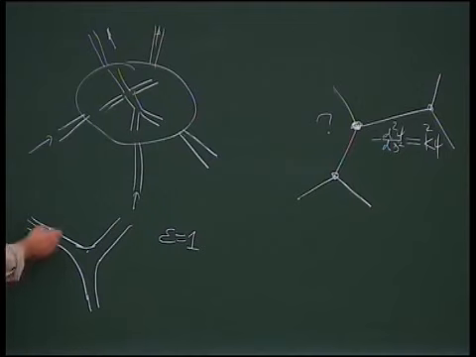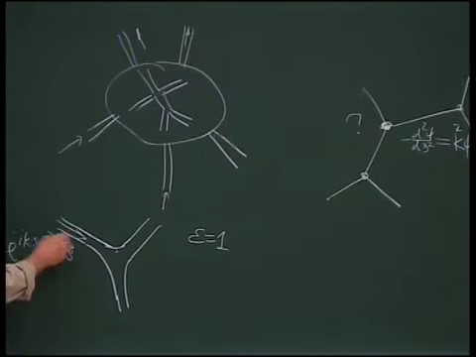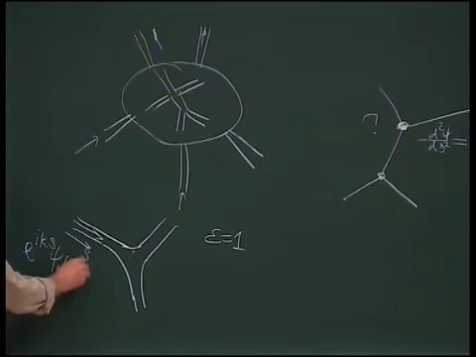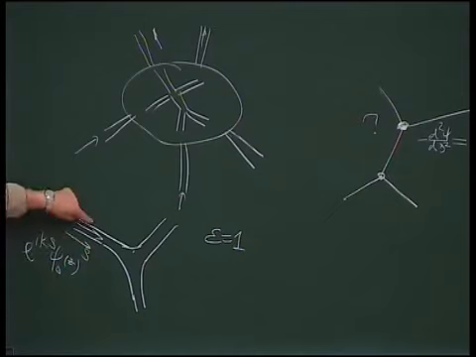We send along one of the channels a wave of the form exponent i k s, where s is the parameter along the axis, times psi 0 of z, and psi 0 of z is the eigenfunction in the cross section with zero boundary conditions.